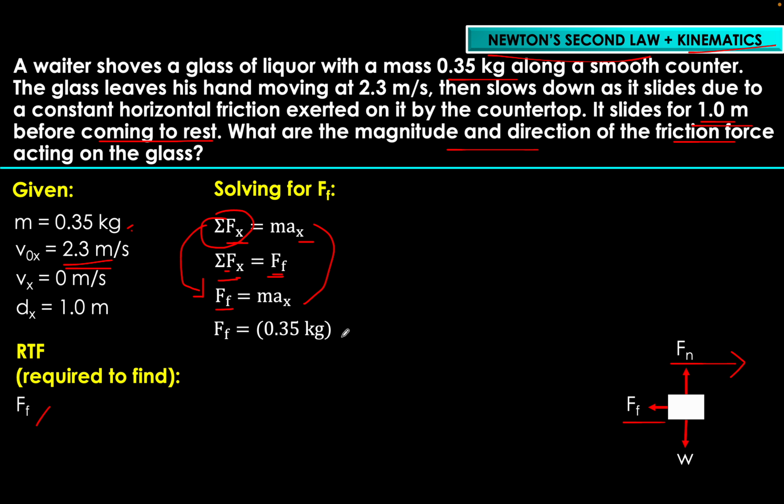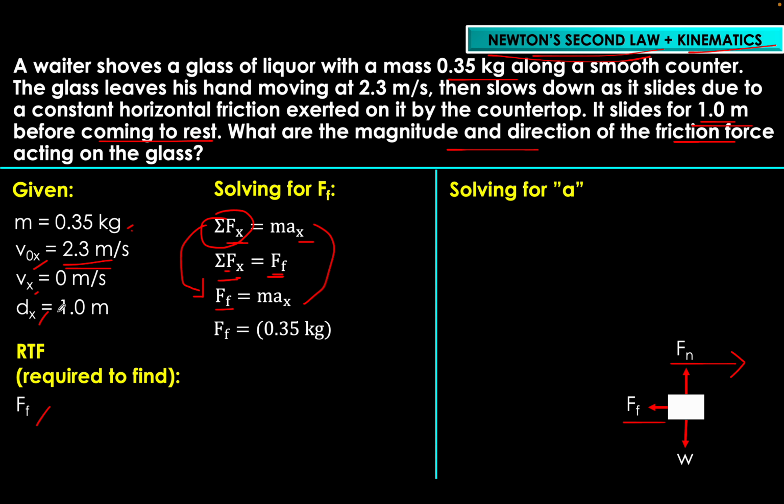Aside from the fact that we've stated beforehand that it's a Newton's second law plus kinematics problem, you should recognize that you need to use kinematics for this because Newton's second law cannot take into account the acceleration of this problem. But if you look at your given variables, you have velocity values, you also have displacement, and these are kinematic variables. So you can use the kinematic equations for this.